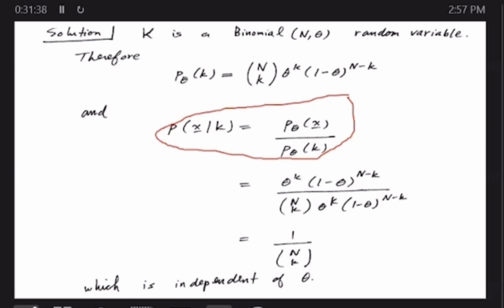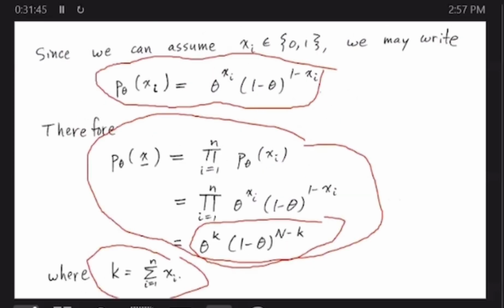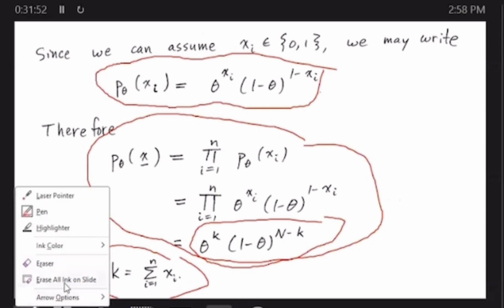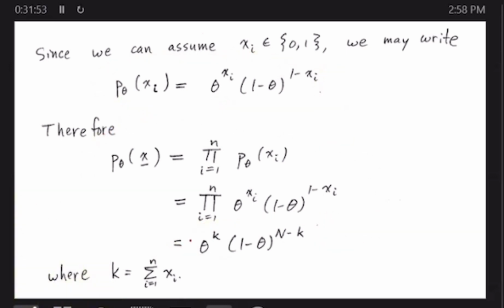Now, take a look at the likelihood that we just did here. Give me 1 second, let me clean up. Okay, so take a look at this. That is the likelihood, right? Now, we need the denominator.